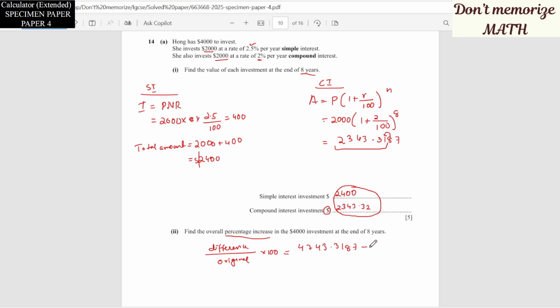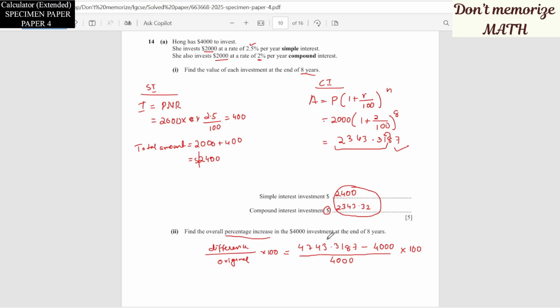Then minus 4000, the investment amount. That is the difference, over the original value. The original was the same, 4000, times 100. Everywhere here you can use the answer button.